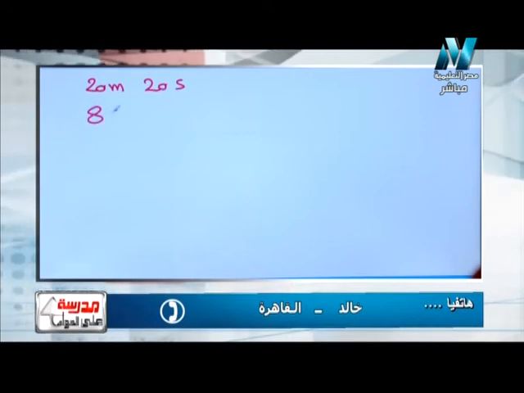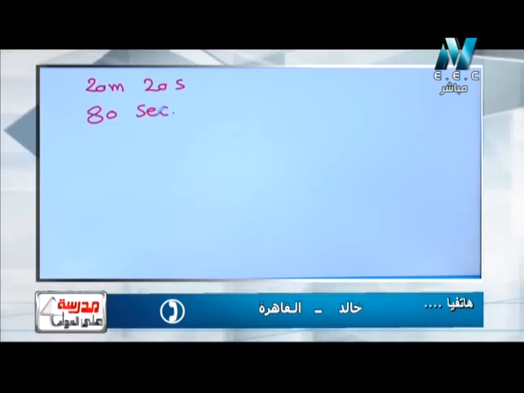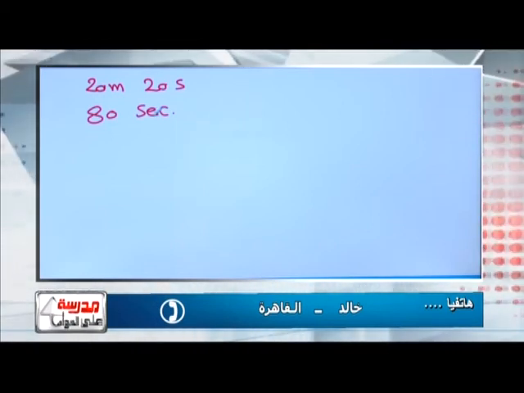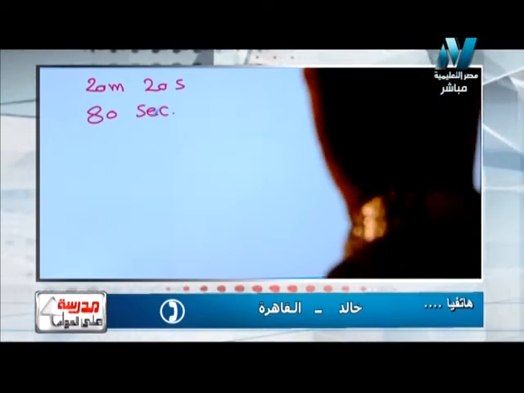Calculate the average speed. انت قلت البادي moves running 200 meters in 20 seconds. حلو قوي. وبعدين returns back in the opposite direction, the same distance 200 meters, in how many? In 80 seconds. Okay.